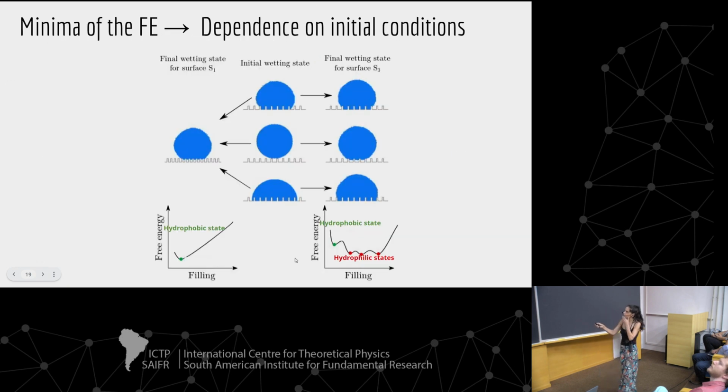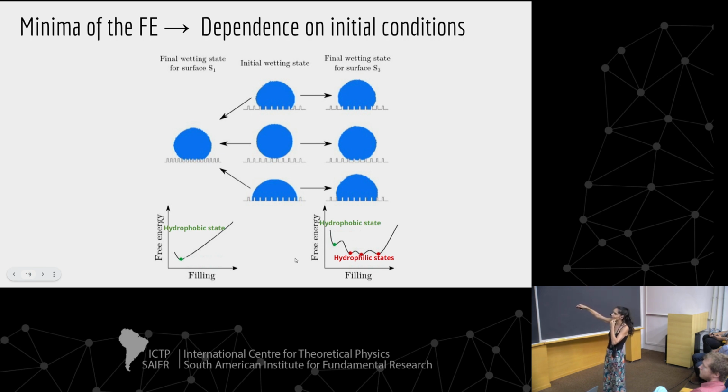And just to summarize again, because one can have in this type of surfaces several minima, and then metastable states, it also implies a dependence on initial conditions, because we have tested in our system to start with 3 different initial conditions.